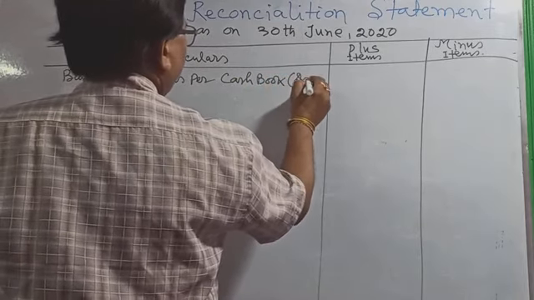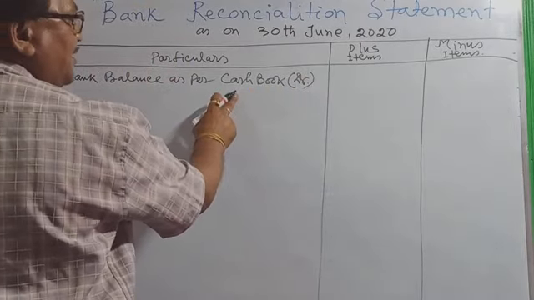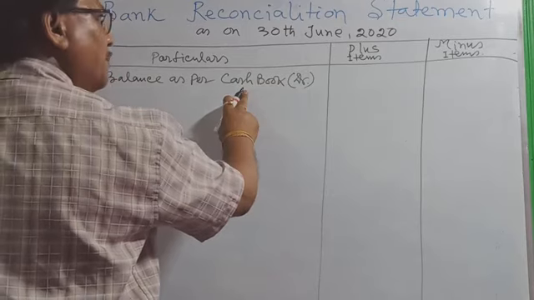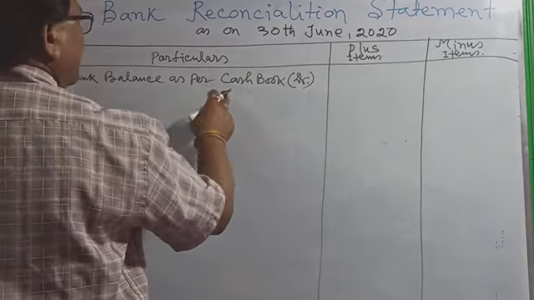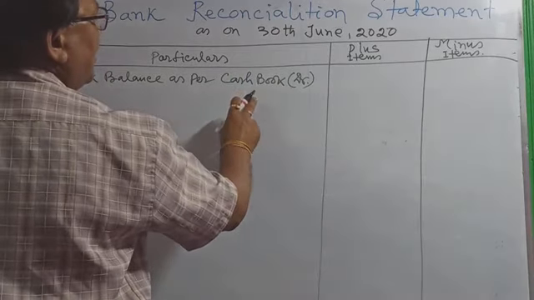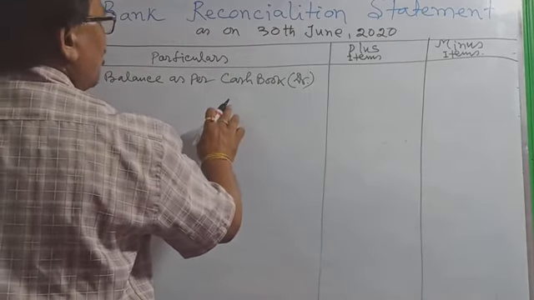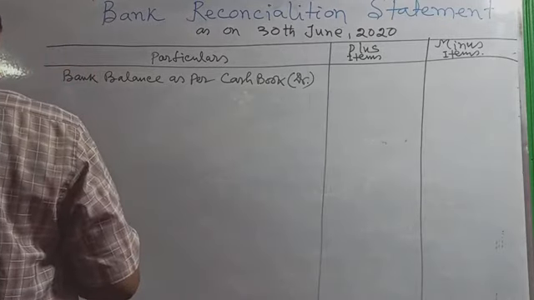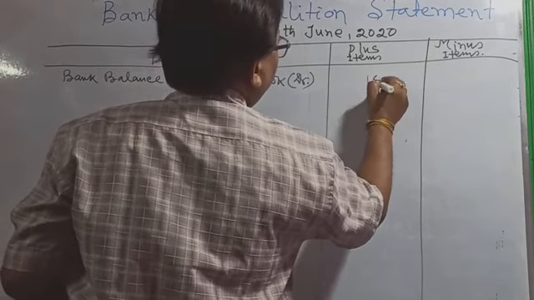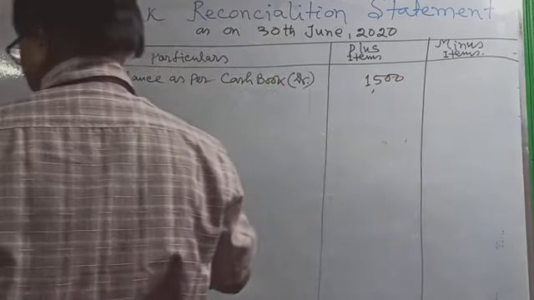Cash book debit balance means favorable BRS. In case of credit balance, that is overdraft BRS. Same also for the passbook, just opposite: passbook credit balance means favorable BRS, passbook debit balance means overdraft BRS. Now what is the amount? This is the favorable balance, that means plus 1,500. This is given in the question.